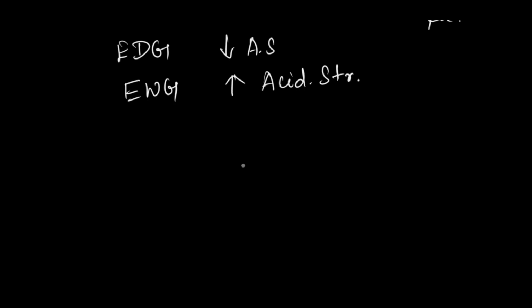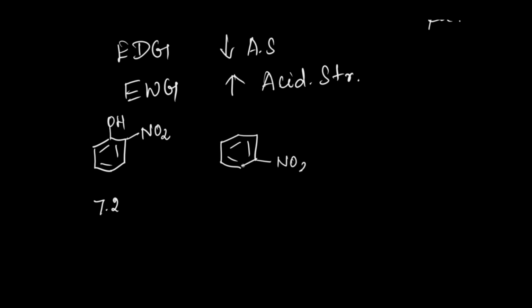For example, if I am taking orthonitrophenol, phenol with nitro in the ortho position, it has a pKa value of 7.2, and metanitrophenol, the pKa value is 8.3, and paranitrophenol, the pKa value becomes 7.1.